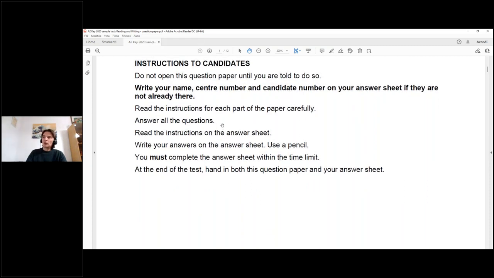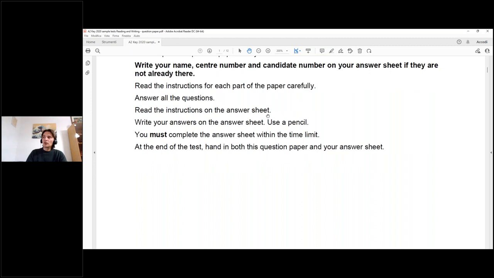Answer all the questions. Read the instructions on the answer sheet. The answer sheet will contain some instructions. The answer sheet is not here, so we are not going to do the answer sheet tonight. In real life, when you take the real exam, you are going to write your answers on the answer sheet with a pencil, not a pen, a pencil.